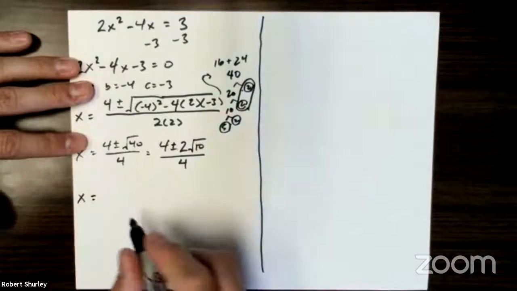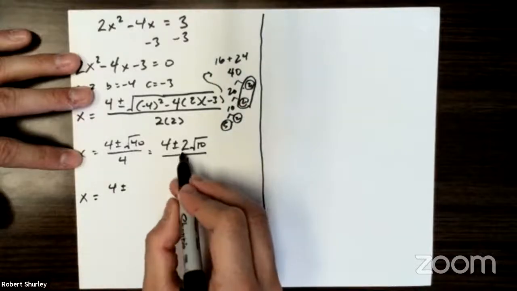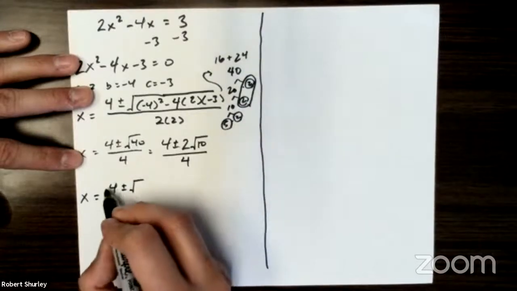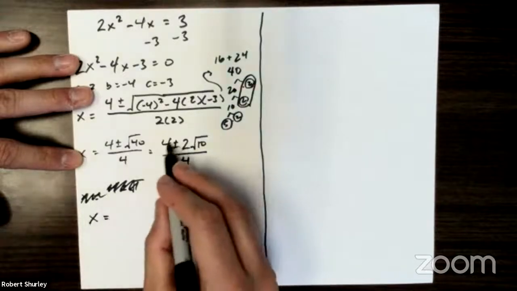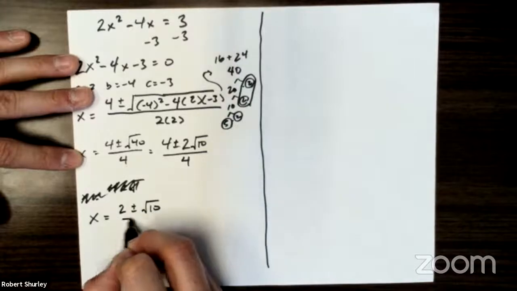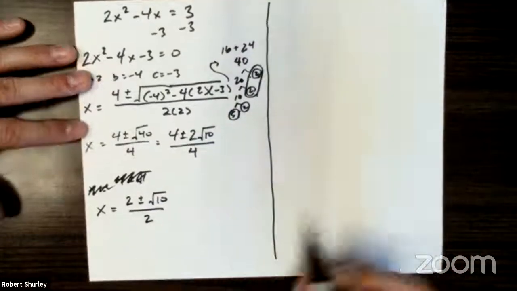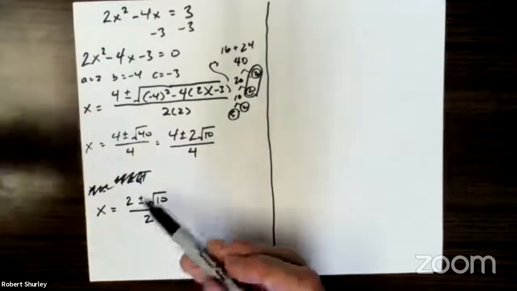So our final answer, or two answers really, are going to be 4 plus or minus... no, wait. I missed it. X equals, it's got to divide by 2, right? So we get 2 plus or minus the square root of 10 over 2. And I know your brain's probably red alerting you right now going, well, 2 divided by 2 is 1.